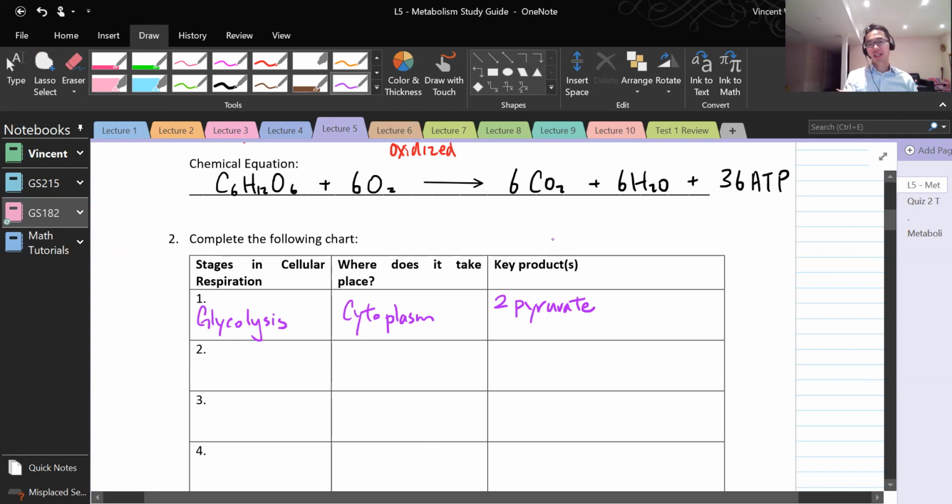Both are the same thing for our purpose. They're not really the same thing, but it doesn't really matter for us. Now you are also going to be producing 2 net ATP. I'll explain what that means in a second. So 2 ATP net, as well as 2 NADH.